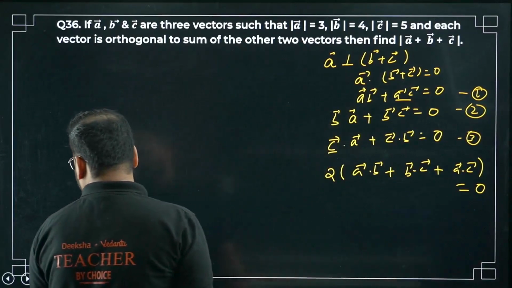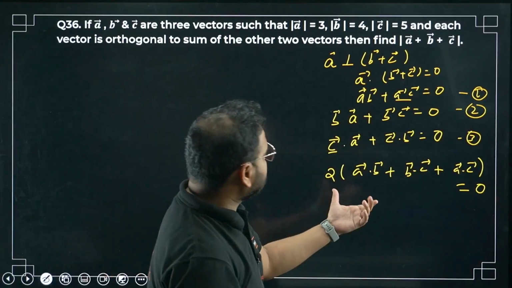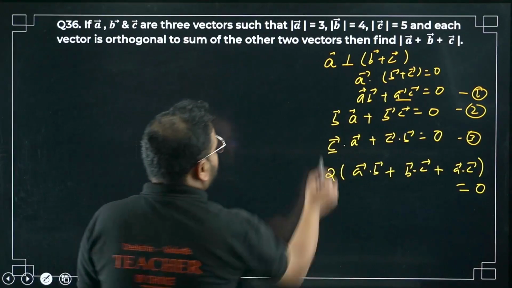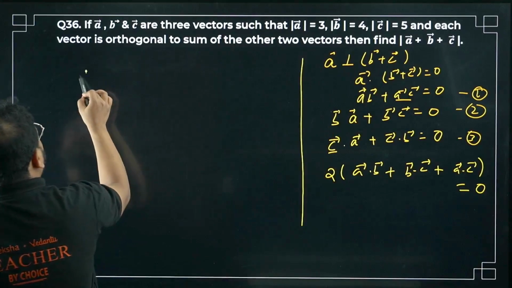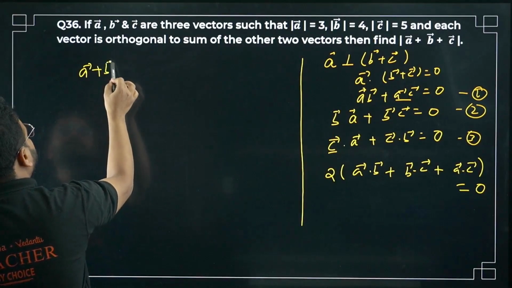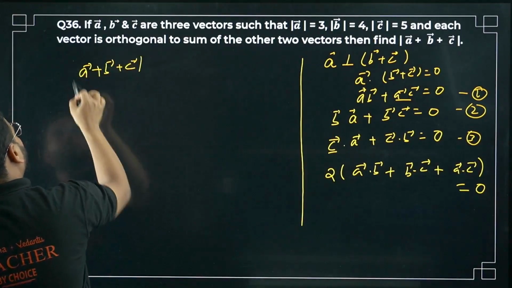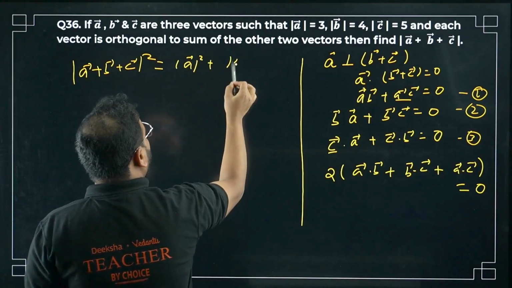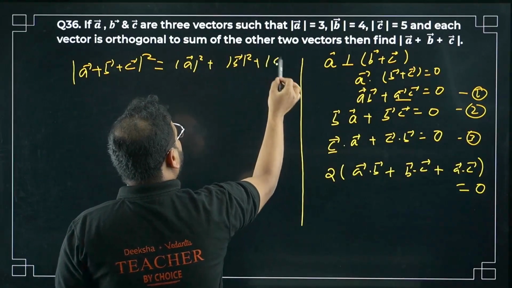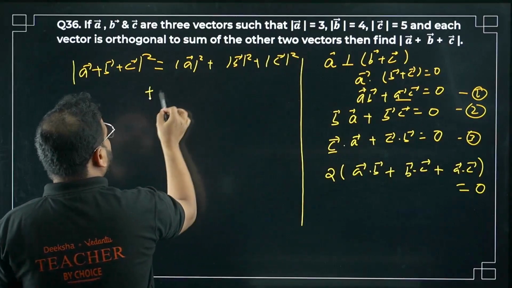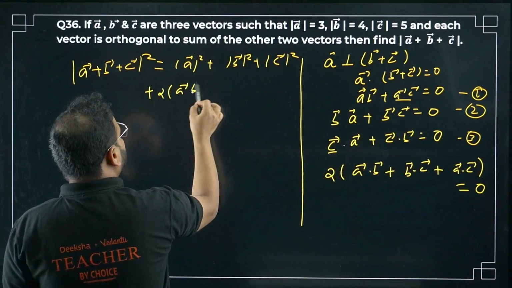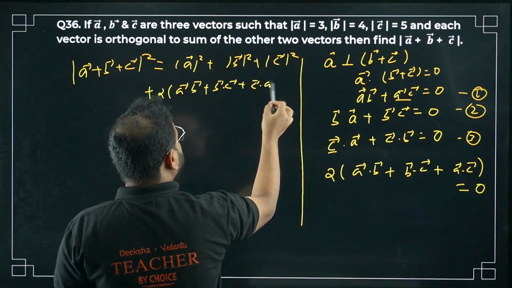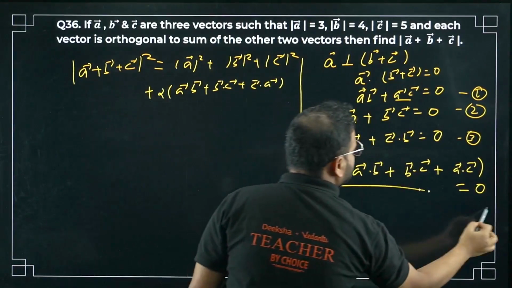Now once this is clear, I have this condition true. Now I have to find the value of the mod of A plus B plus C. Okay, right here, A plus B plus C the whole square is nothing but mod A square plus mod B square plus mod C square plus 2 times of A·B, B·C and C·A, which is nothing but 0 from here.